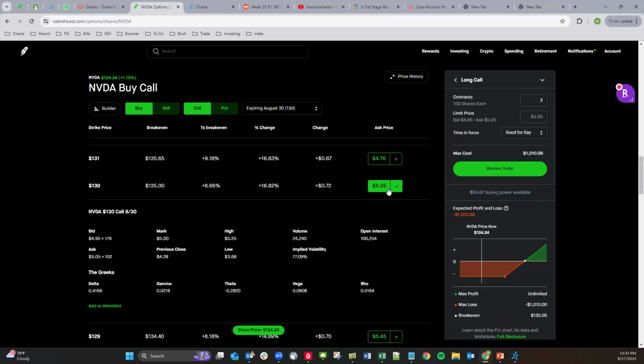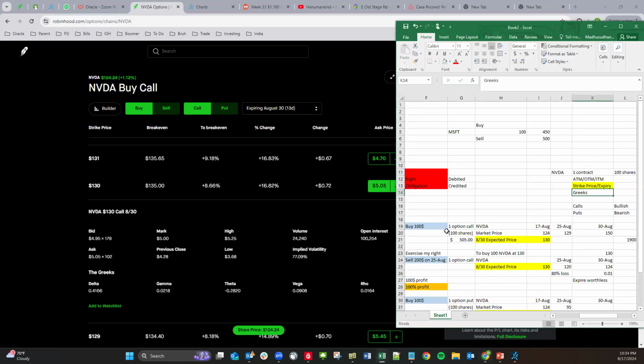How does this change, right? We said, okay, from 100 it went to 200 when the stock price moved from 124 to 130 by the 30th August, let's say. I said it went to $200 and I sold it. And how it changed is what is defined by the Greeks here.